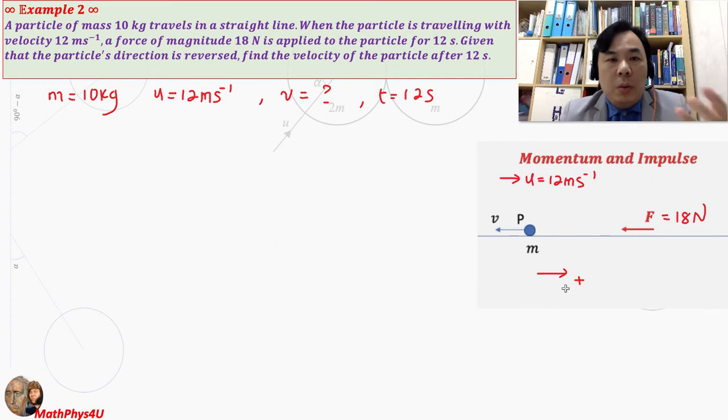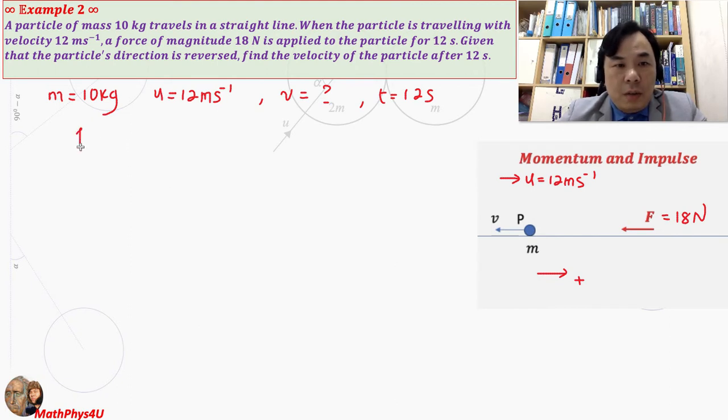Now we're going to come back to the formula that we can actually apply here. That gives us the idea of impulse. As long as there's an impact in this case, you can always think of a formula that involves impulse. So we have the force, time.